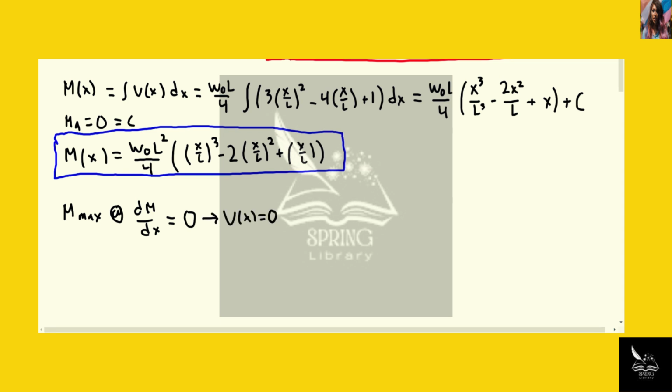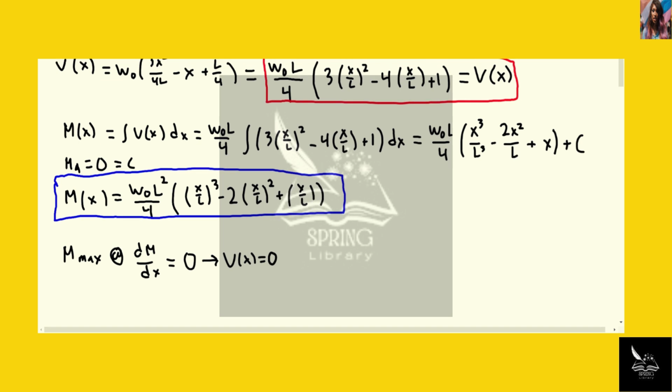So if we scroll up a little bit here and look at our V, we can ignore the constant, and we want to set 3x over L squared minus 4x over L plus 1 equal to 0.